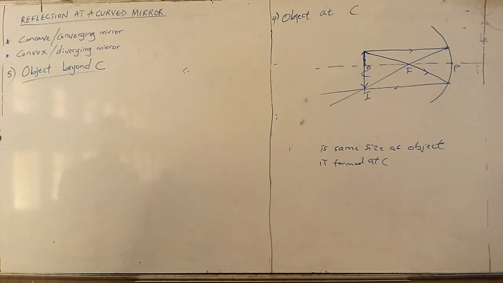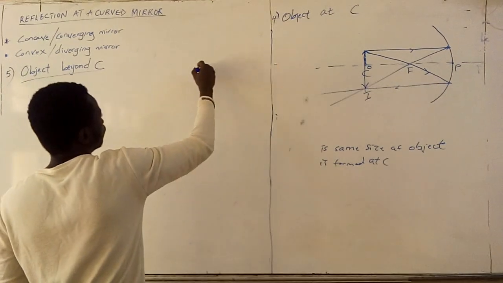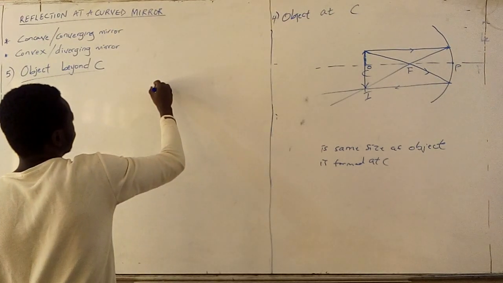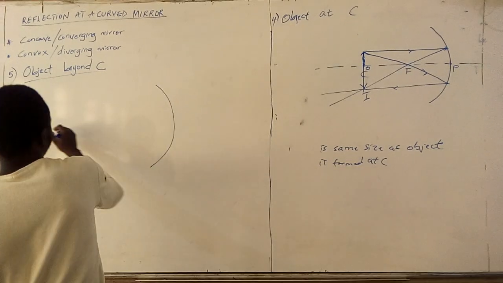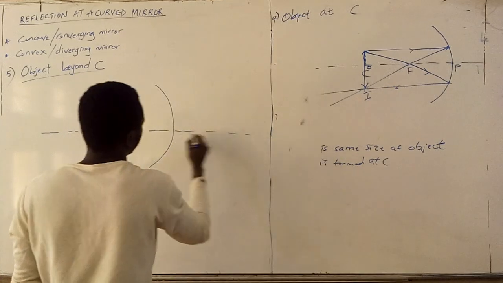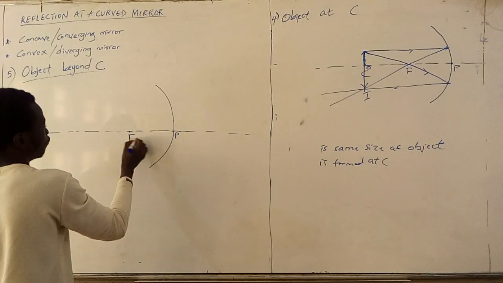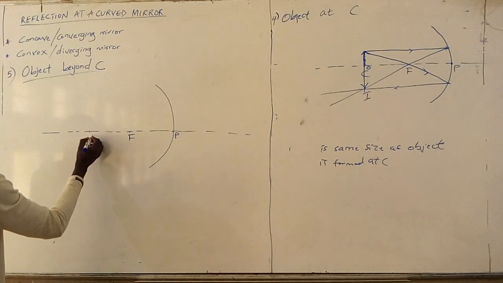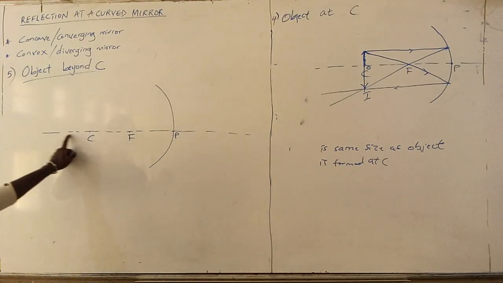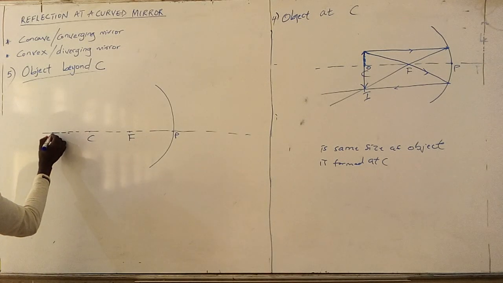So let's look at when an object is placed beyond C. When we say beyond C, that means anywhere in this region.